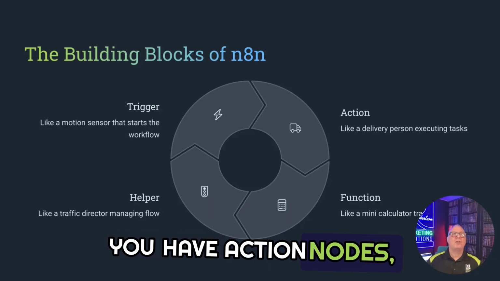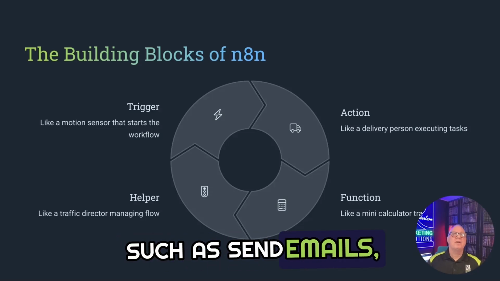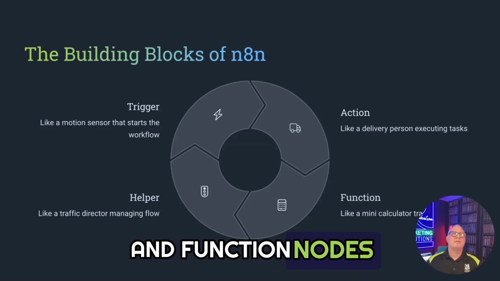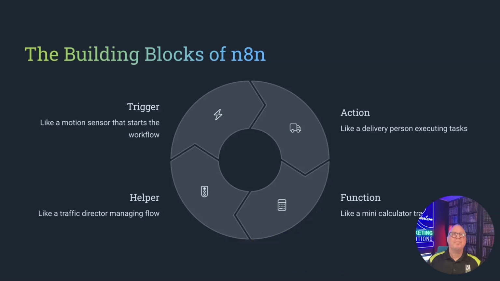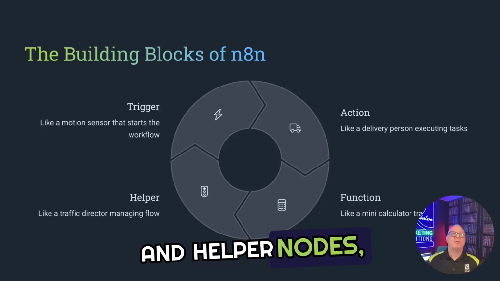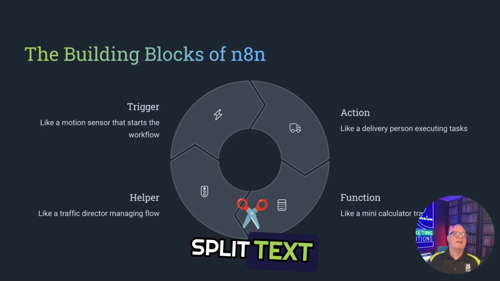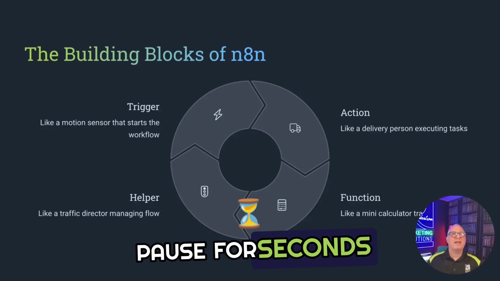You have action nodes, which do something, such as send emails, create files, update spreadsheets. And function nodes let you add custom code or logic. And helper nodes, where you can clean up or transform data, split text, merge lists, pause for seconds.